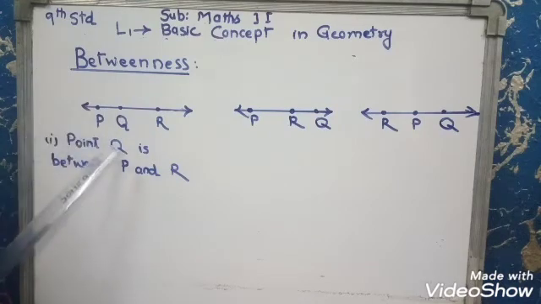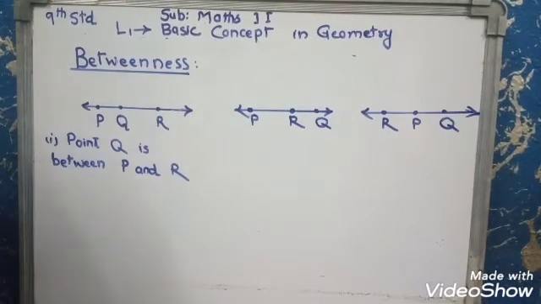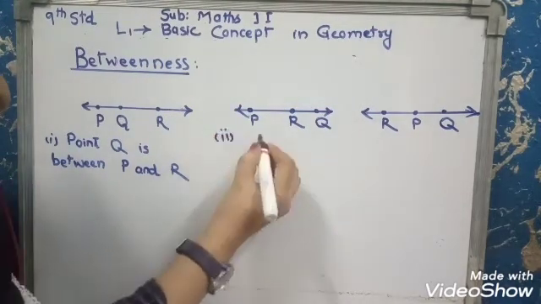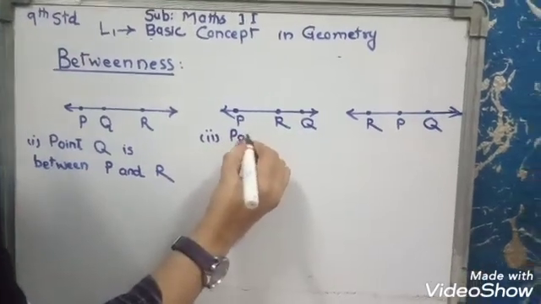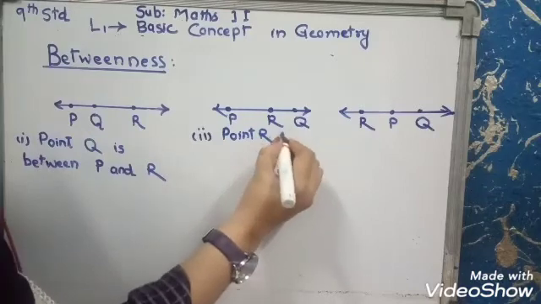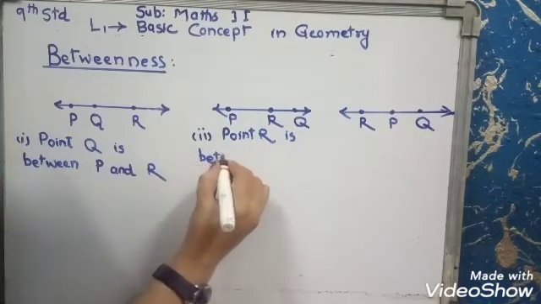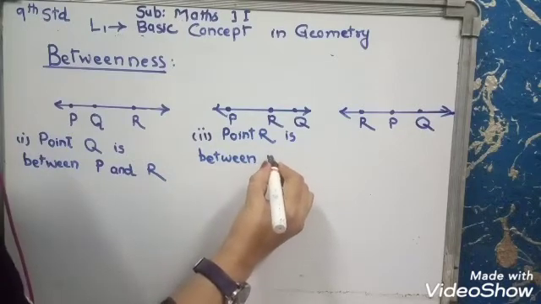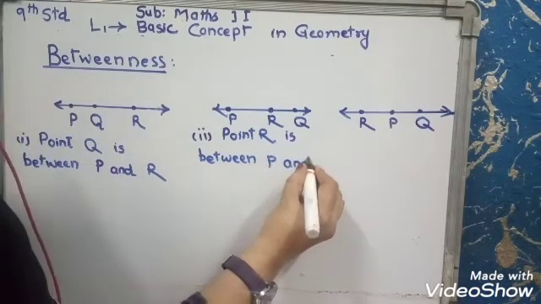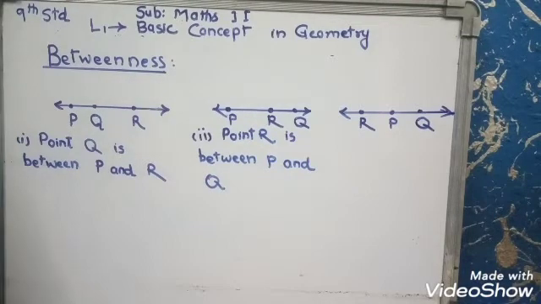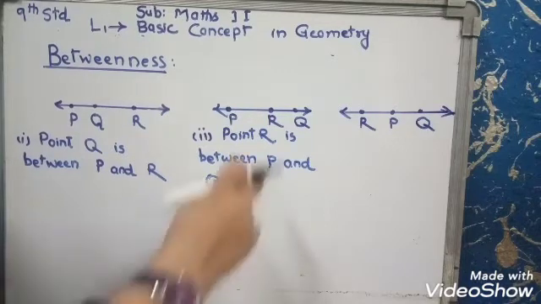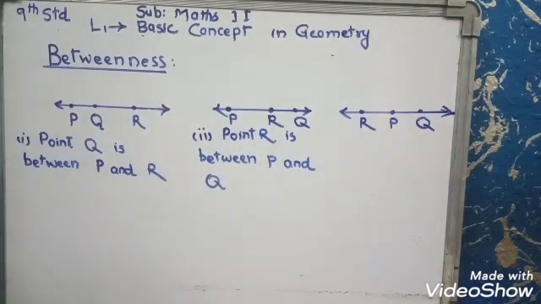First possibility is point Q is in between point P and R. Second possibility is point R is between P and point Q.